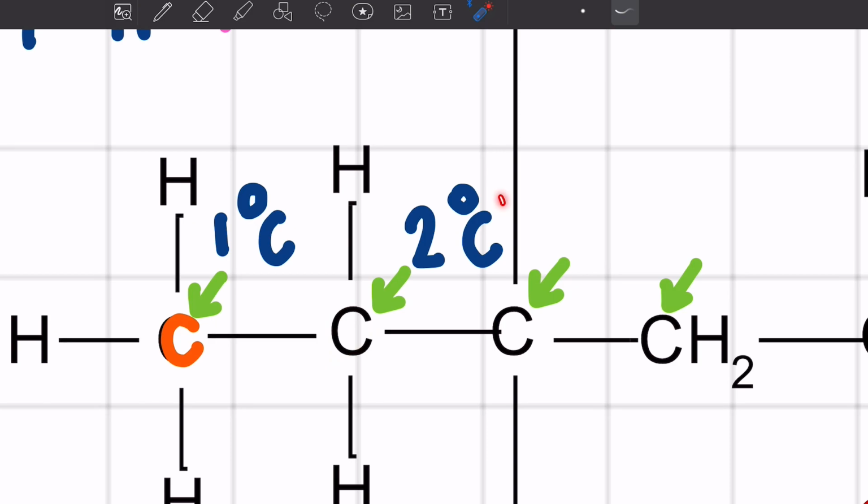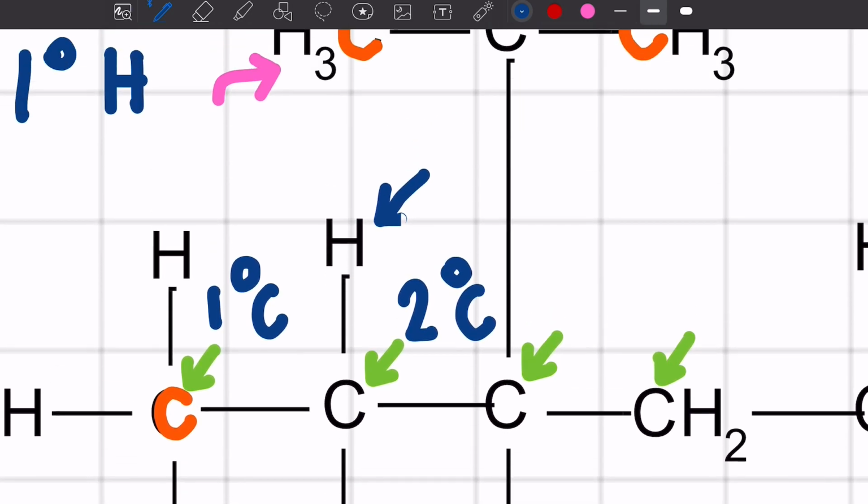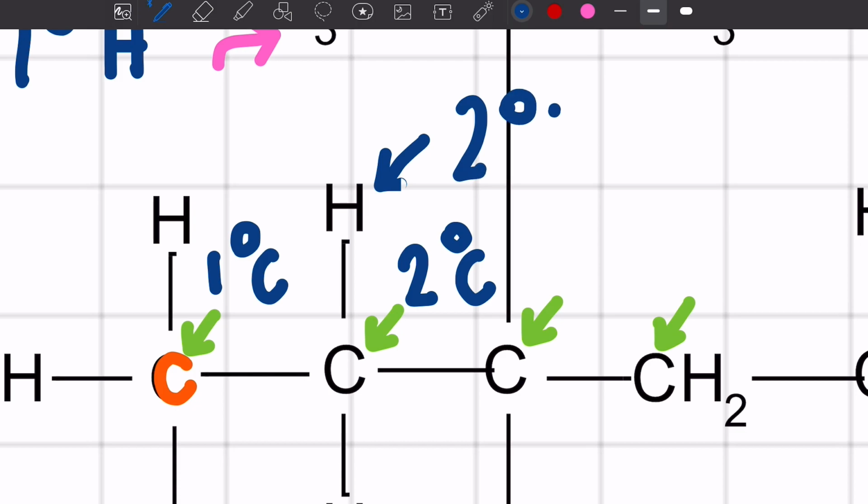This carbon is secondary sebab dia bonded to two carbon. Kita jangan kira dia. So kalau kita nak kelaskan this carbon, kita anggap dia tak wujud. Kita tengok ada berapa carbon connected to it. Macam this carbon, dia ada 1 and 2 carbon. So dia adalah secondary carbon. So kalau dia secondary carbon, hydrogen ni akan jadi secondary hydrogen. Okay, so basically it follows carbon.